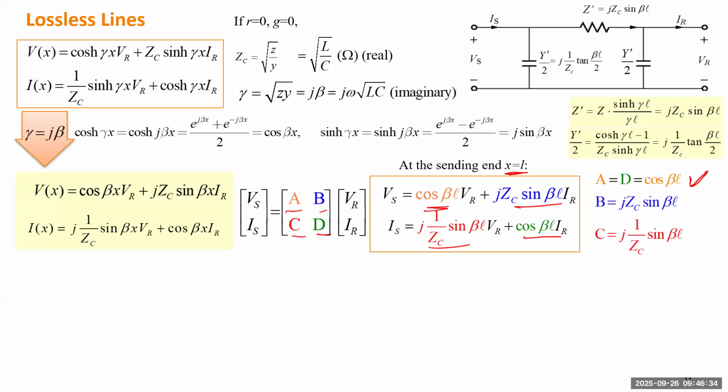So we will have this relationship: A is equal to D. If the model is not symmetric, A is not necessarily equal to D.